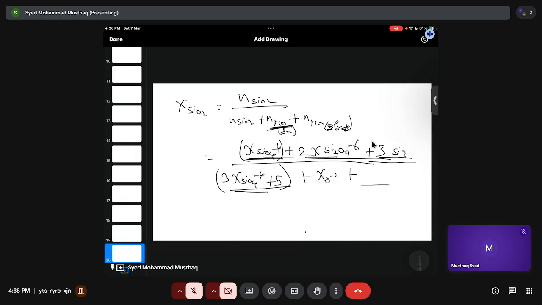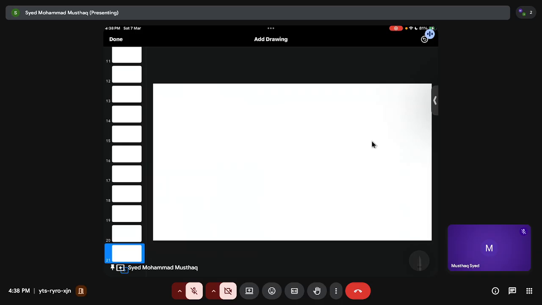Roasting is a pyrometallurgical process. Please remember that. Roasting and smelting all come under pyrometallurgical processes. Roasting is primarily done on ores like chalcopyrite.